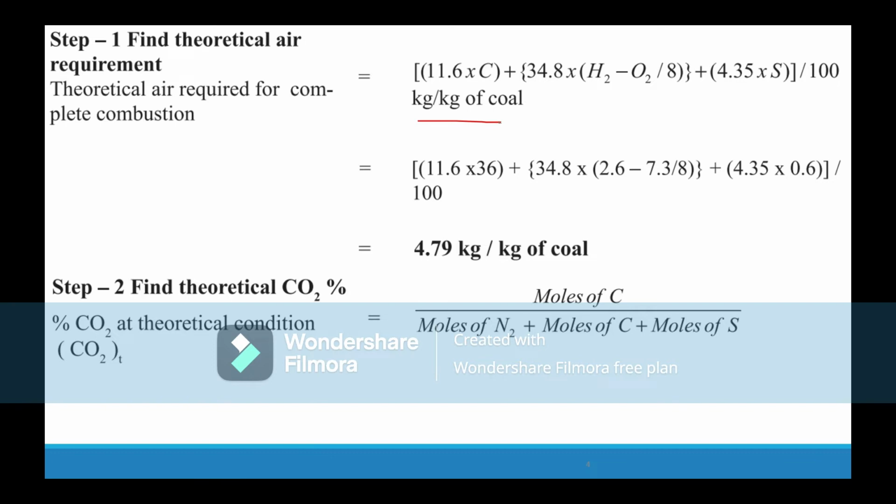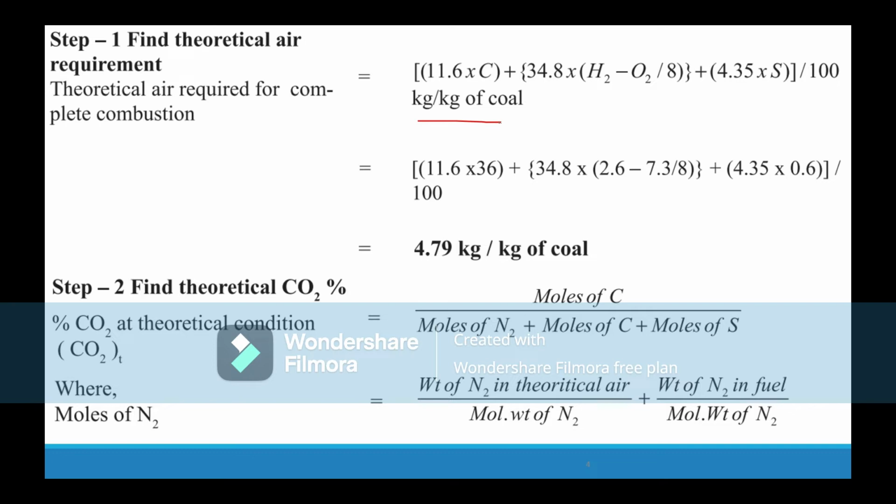Sulfur is converted to sulfur dioxide, carbon is converted to carbon dioxide, and hydrogen is converted to H2O as water in the state of superheated steam. But nitrogen doesn't react with any combustible materials, therefore it is released as nitrogen only.